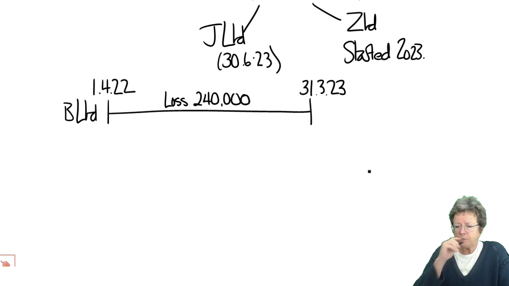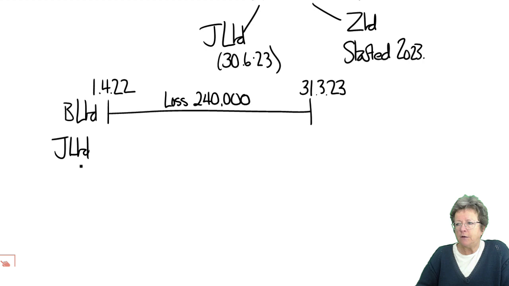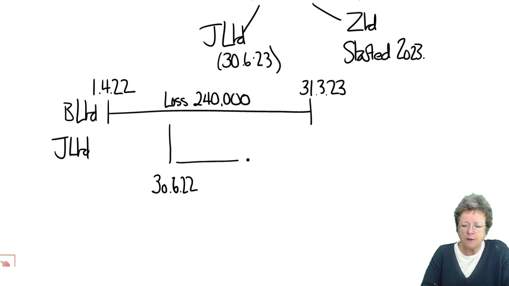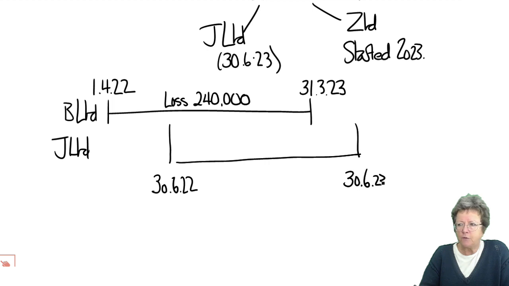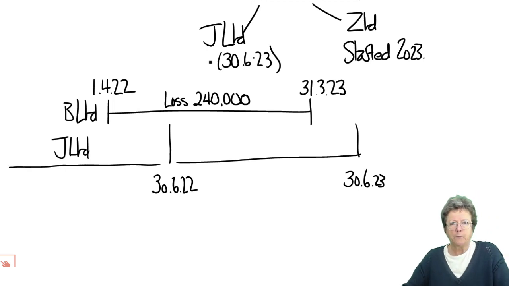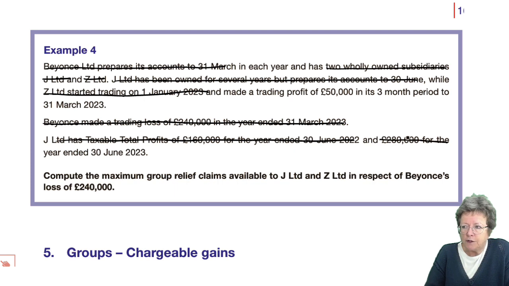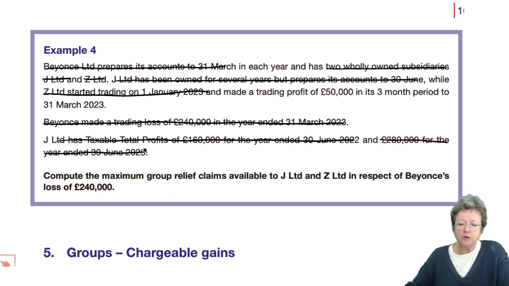Now, J Limited, its year end is the 30th of June 22. So we've got 2 sets of accounts, 30th of June 23, and it made profits of 160,000 in that first year and 280,000 in that second year.